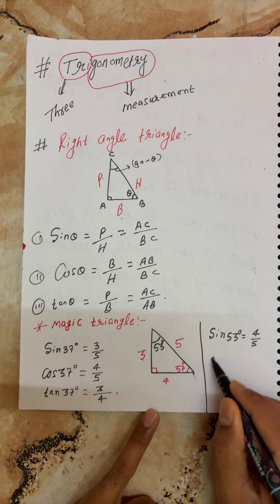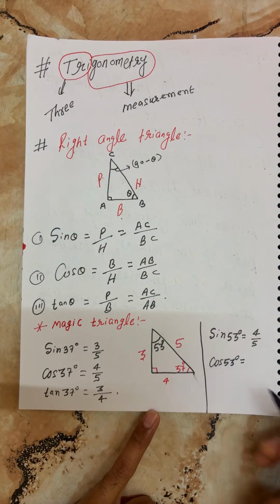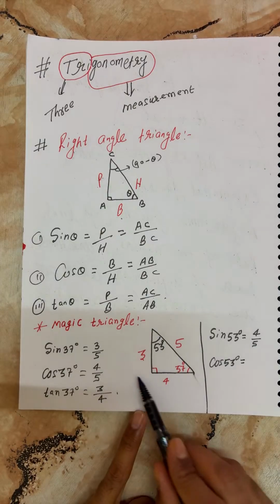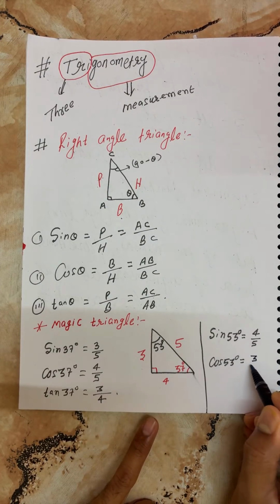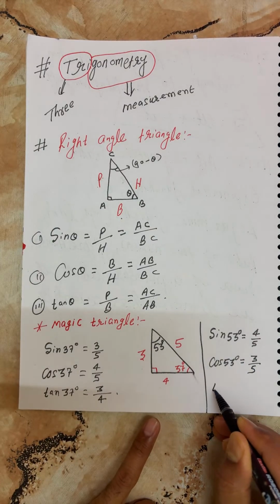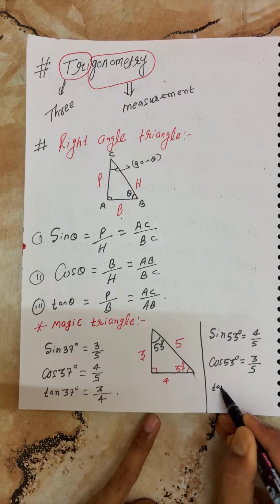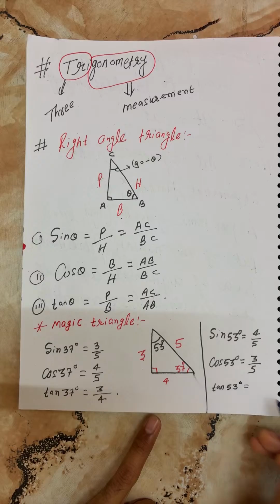Now, students, next here, cos 53. So this is base, this is hypotenuse, so you can write, kids, this is 3 by 5. Next, students, tan 53.